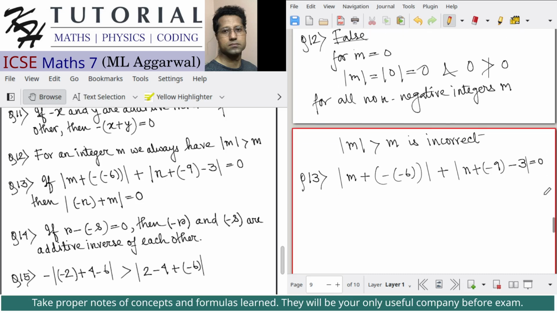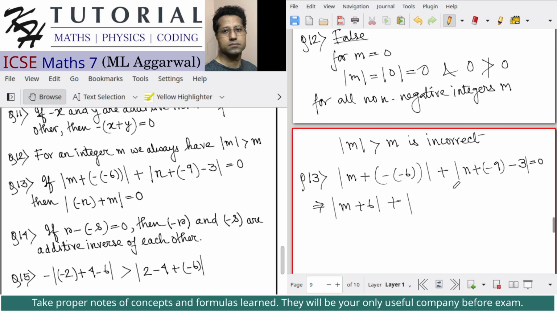Now let's first simplify the expression inside the absolute operator as much as we can. Negative of -6 is 6, so we have absolute value of m plus 6.